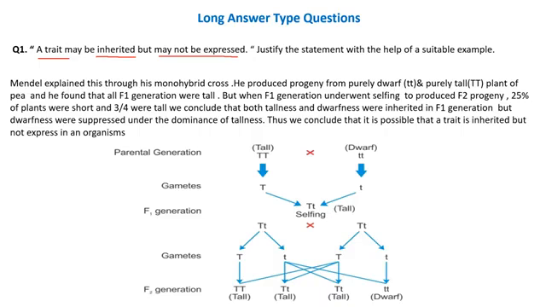If I take an example of tall and short, both are inherited, but short couldn't express itself when it is associated with the tall trait. And in case of round and wrinkled, wrinkled couldn't express itself when the capital R, that is the dominant gene, is present.